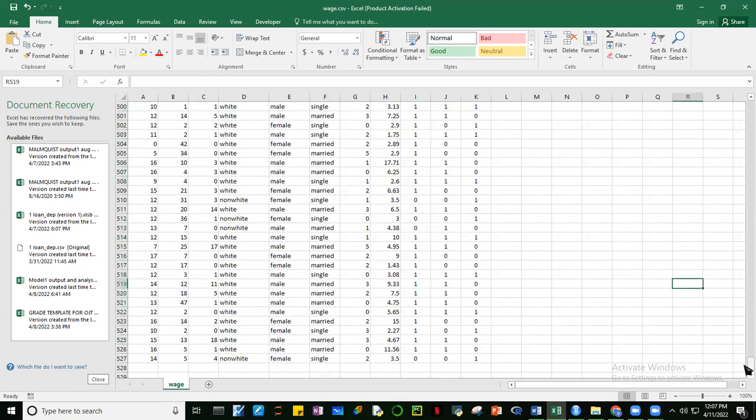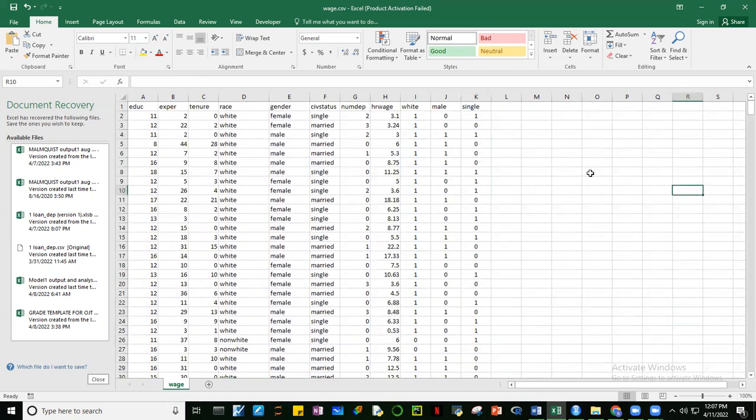Okay. So what happened was, guys, we now have, well, in a sense, parang naging number na siya, no? 1 and 0. Okay, so sa race, guys, lahat ng white 1. Sa gender, lahat ng male, 1. Diba? Female, female, male, 0, 0, 1. Lahat ng single, 1.